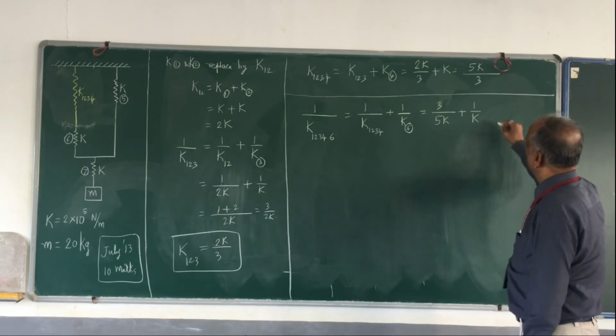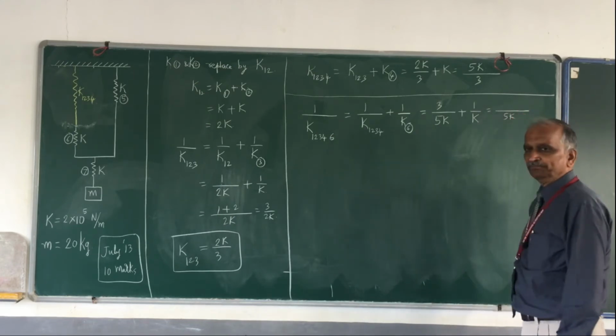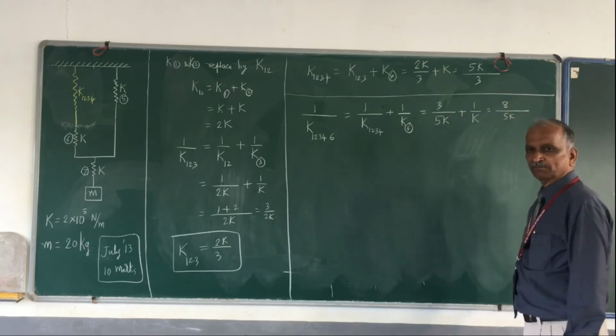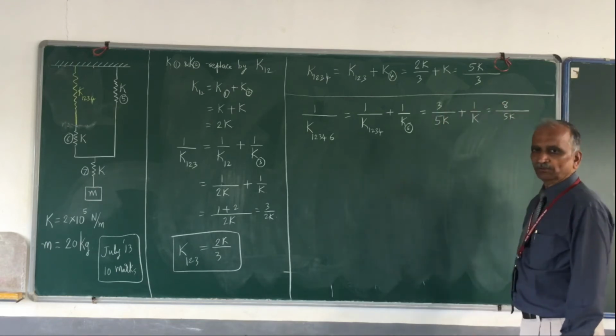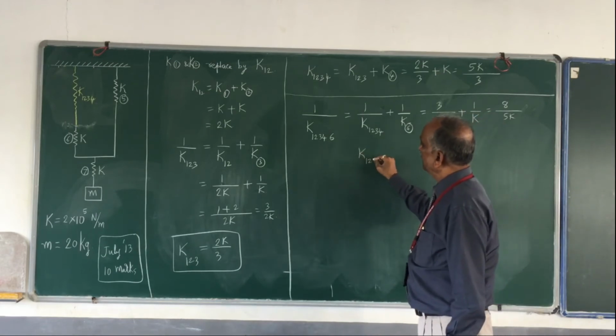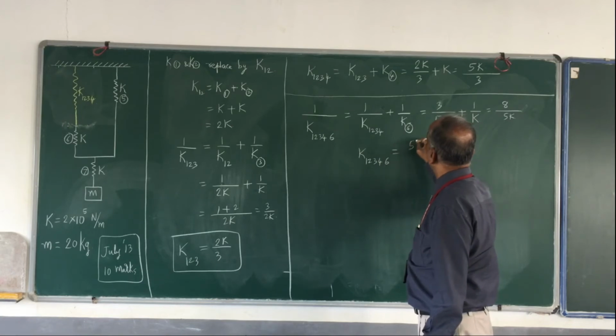So simplify this. This is 5K, this is 3 plus 5, which is nothing but 8. So K of 1, 2, 3, 4, 6 is equal to 5K divided by 8.